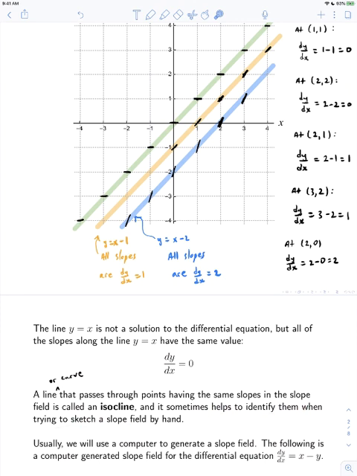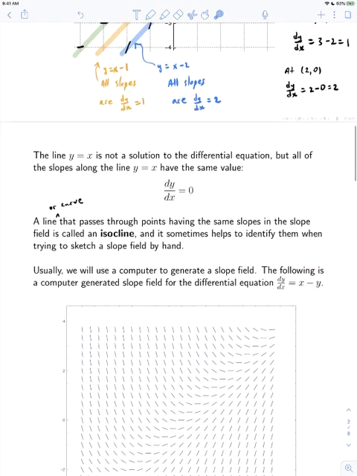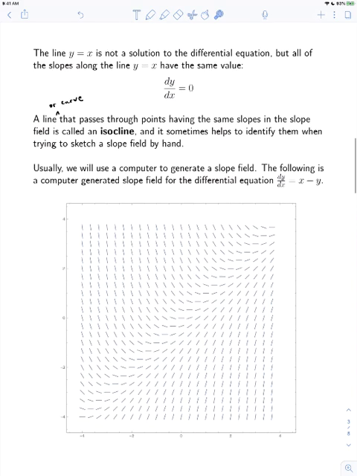Now, usually you aren't going to generate it by hand. Normally, you'll use a computer. So the following, which we're about to see, is a computer-generated slope field for this differential equation, dy dx equals x minus y. You can see that along the line y equals x, which is right along here, all of the little lines have slope 0.